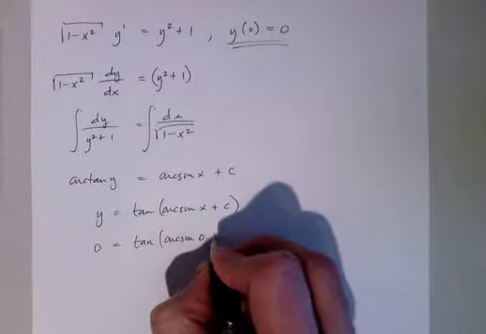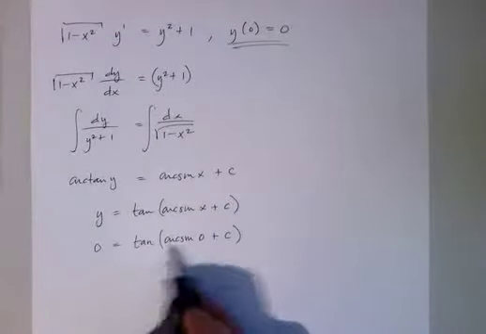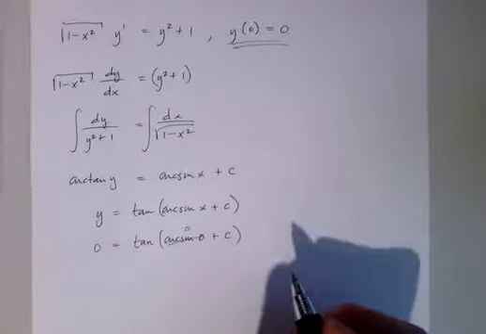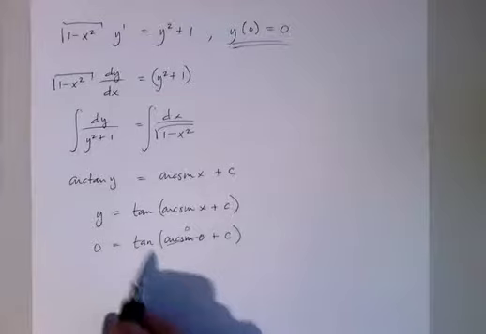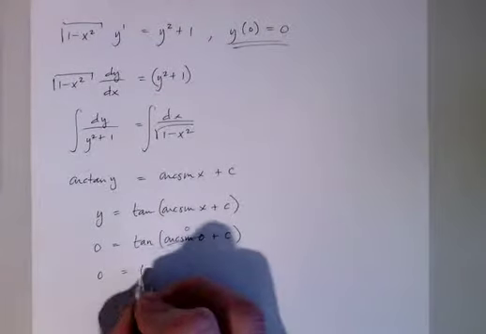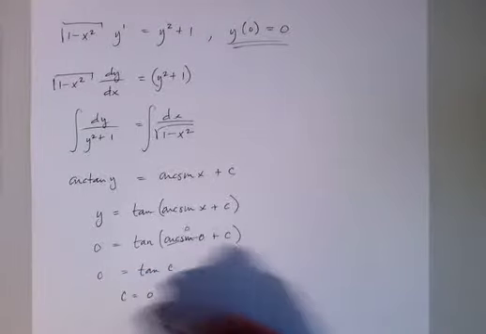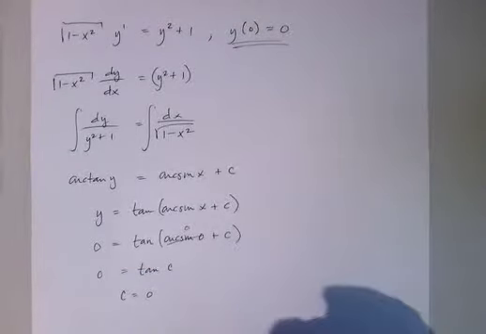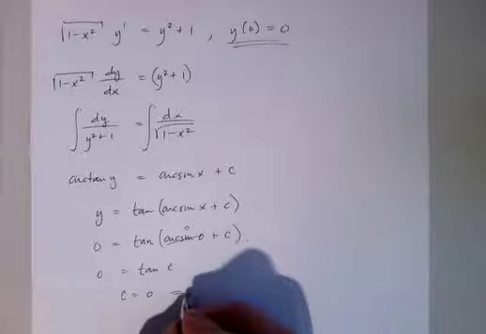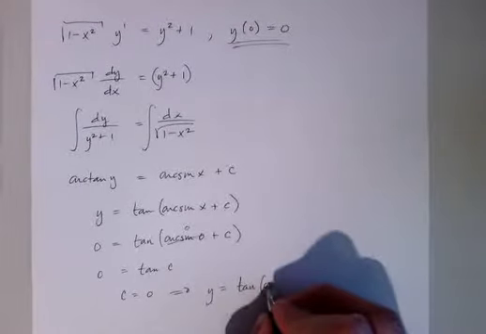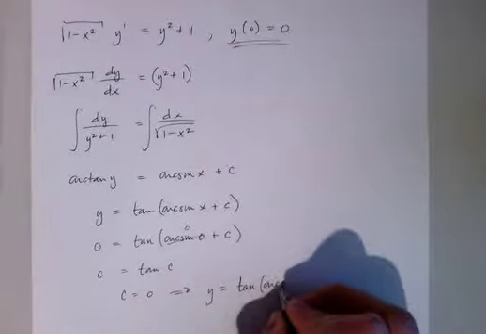What is the arcsine of 0? Well, that's 0, right? And when is tangent of c equal to 0? Well, when c is equal to 0, okay? So basically, that means that I have y is equal to the tangent of arcsine of x.